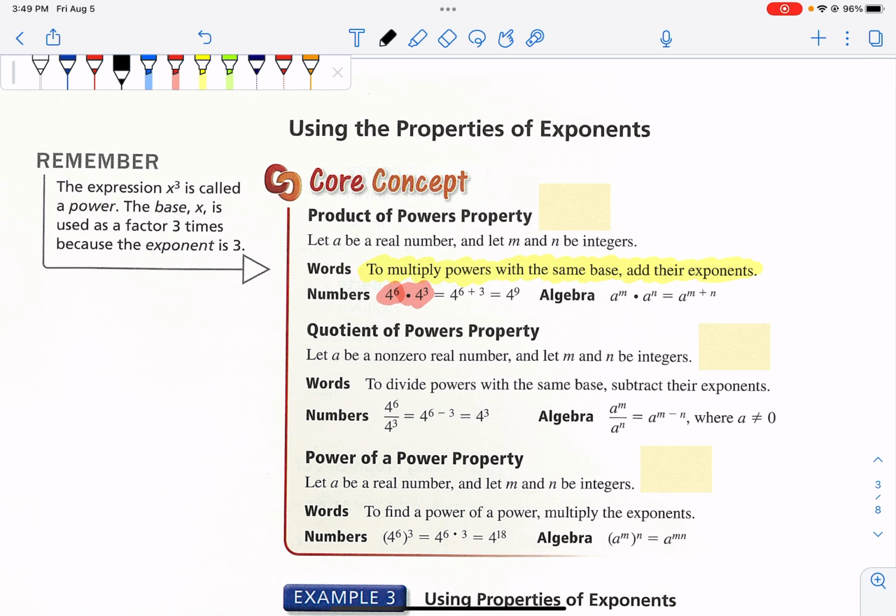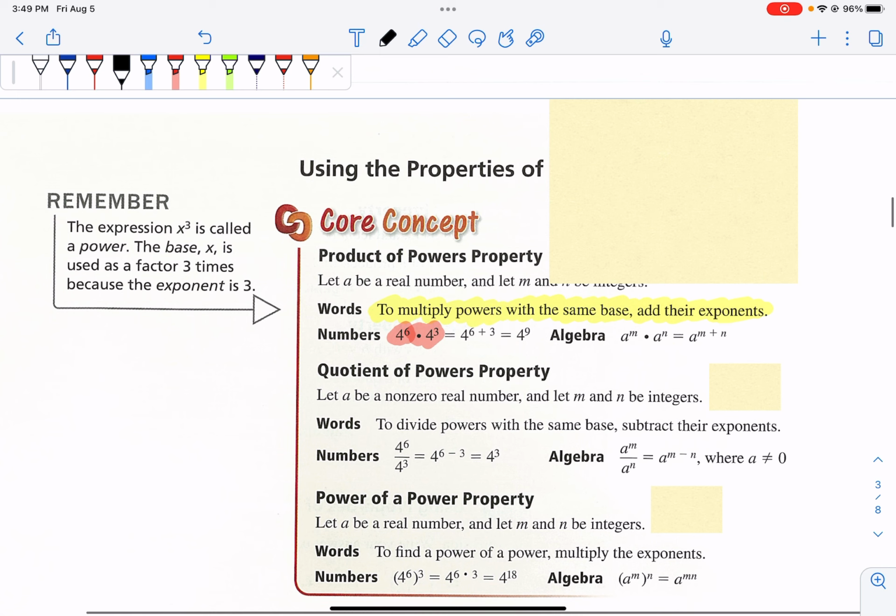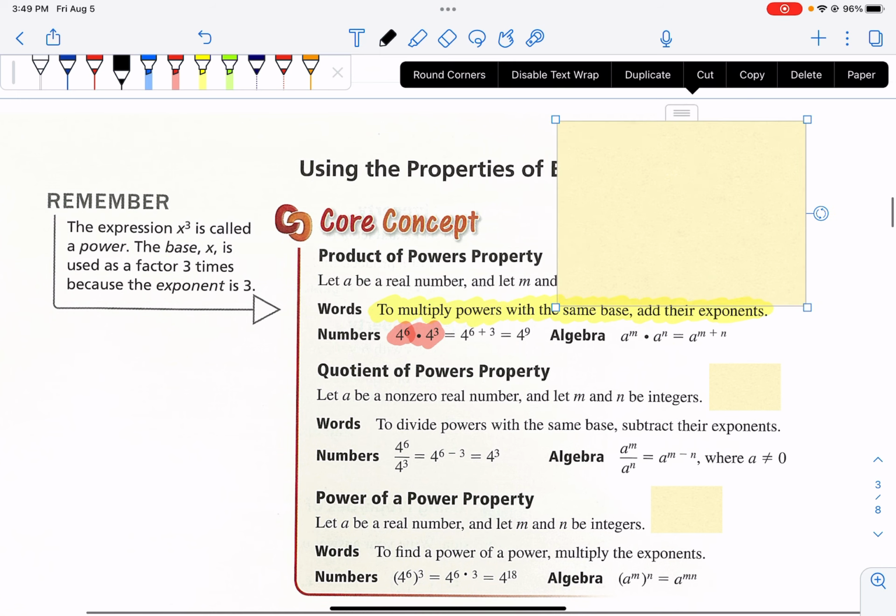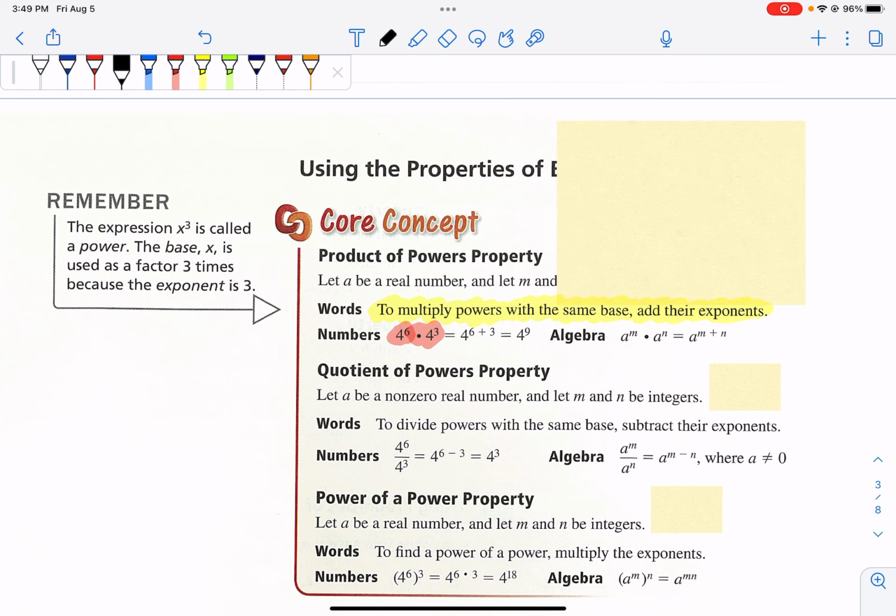Okay, well, let's do some more of those. I think I've got a little sticky note right here so I don't take up valuable space anywhere else. So if I have 3 to the 2nd power times 6 to the 4th power, I can't do that. We're doing the same base. I meant 3 to the 4th power. My bases are the same, so that becomes 3 to the 6th power. I add those numbers together.